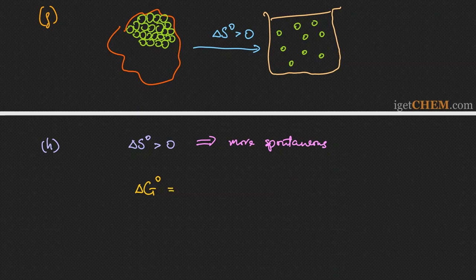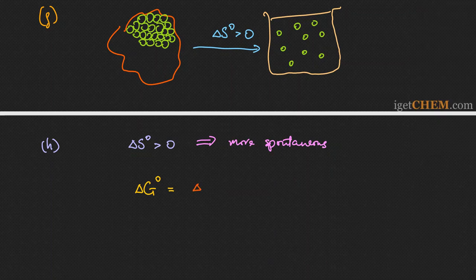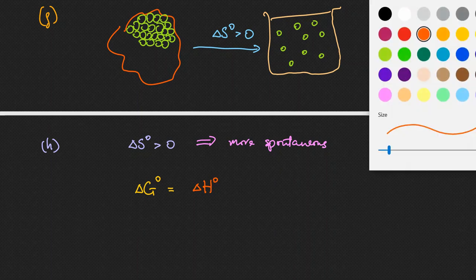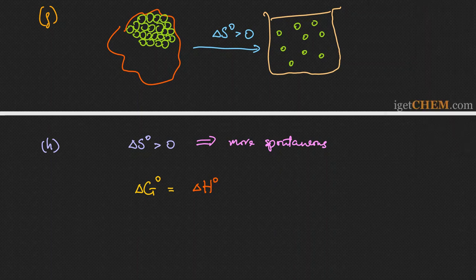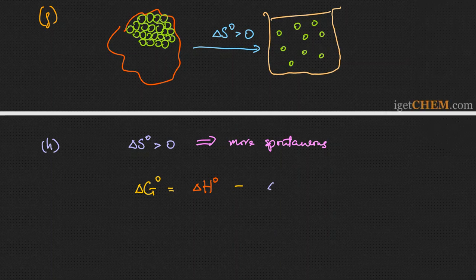Delta G, we know, is composed of two terms. The first one is the enthalpy of reaction, delta H, and the second term is the delta S, but the delta S is multiplied by a T. So we have the delta S0, but that's multiplied by this T right there.